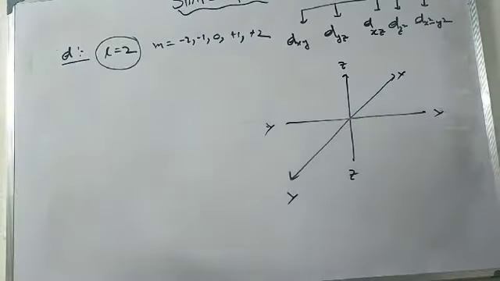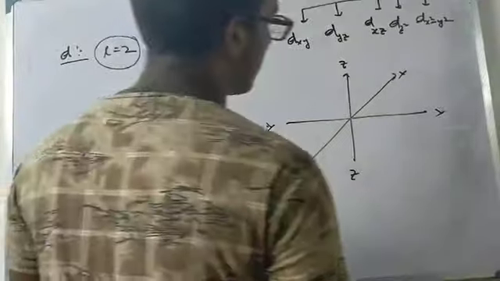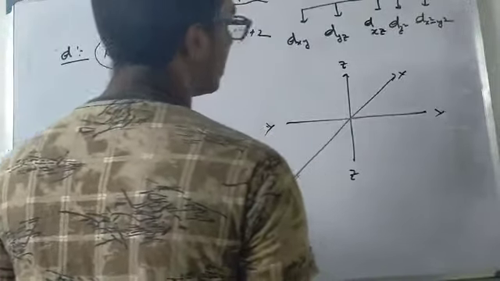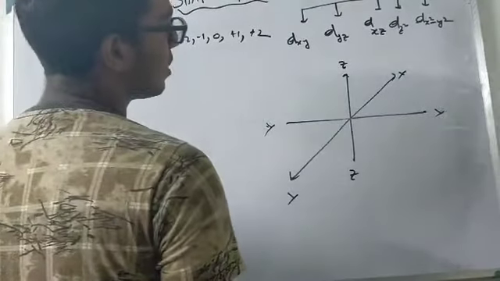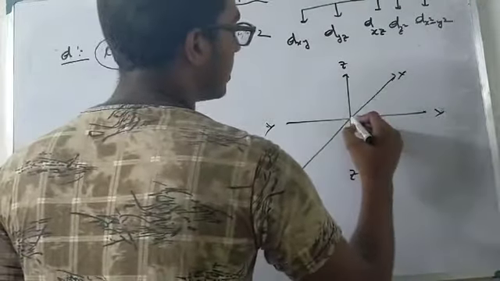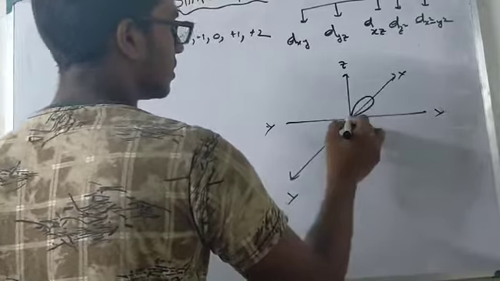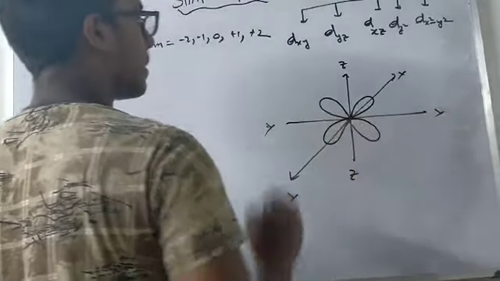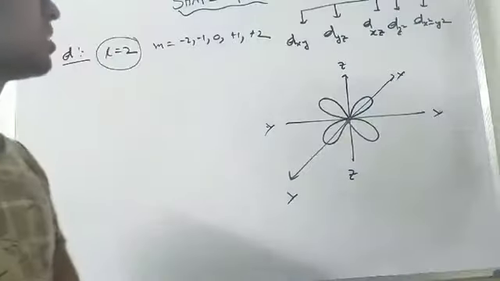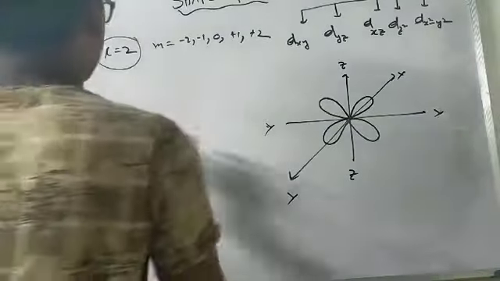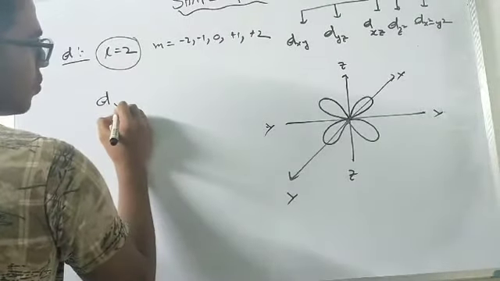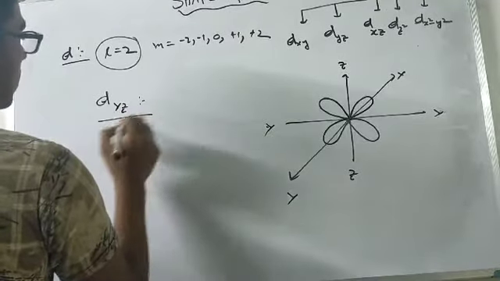If I draw the yz orbital, it basically looks like that, and this is present on the plane of the board. This is dyz.